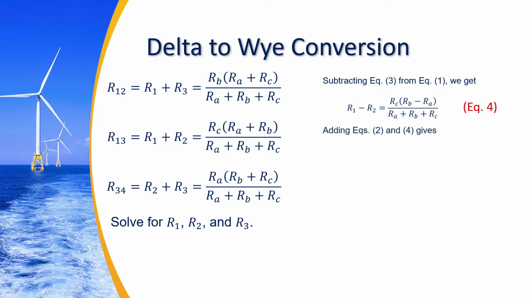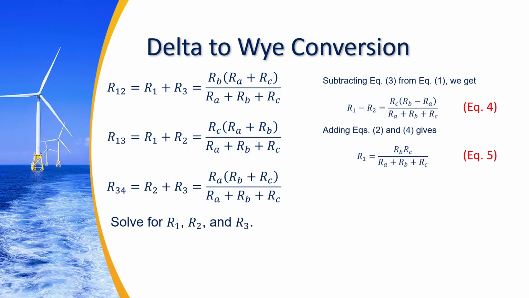Next, ang gagawin natin is pag-arin natin yung equations 2 at itong equation 4. Okay? Magiging result niyan is makukuha natin yung value ng R1 o equivalent ng R1. So, equivalent ng R1 is RB times RC over RA plus RB plus RC.